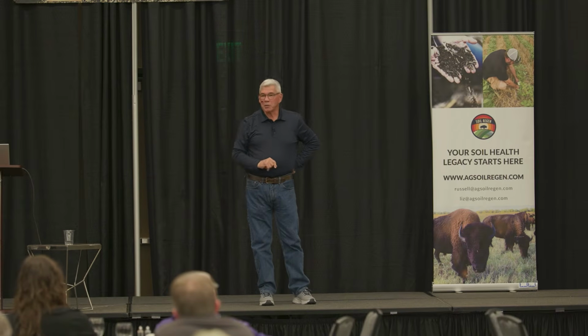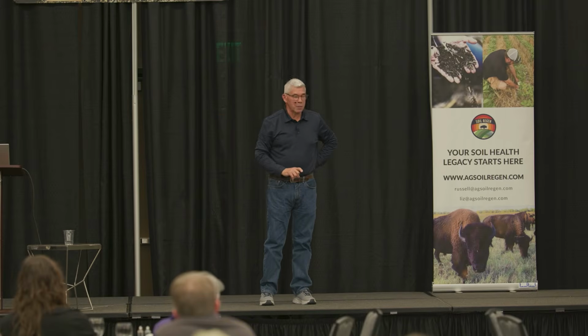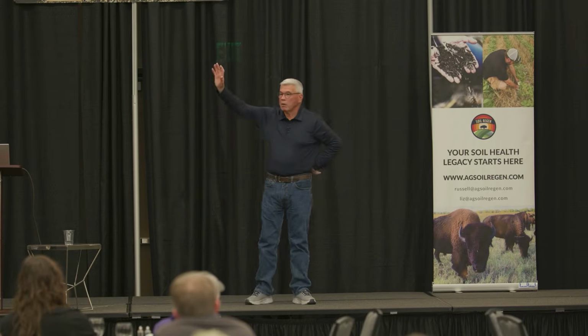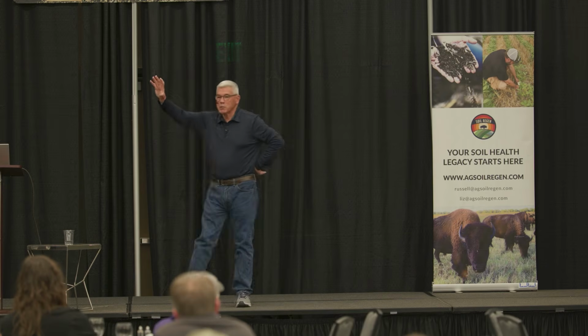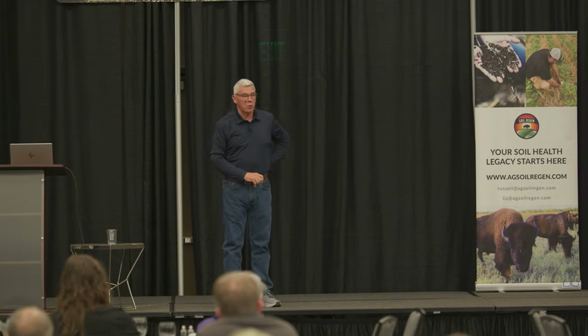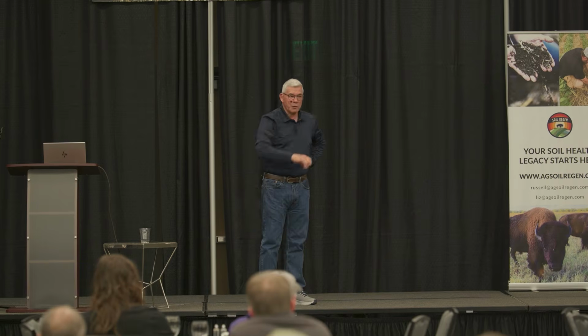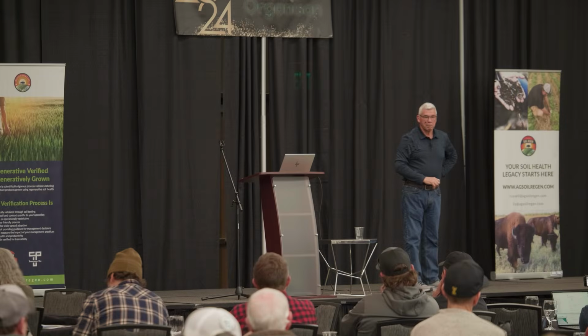And if we really begin to look at this seriously, it's not a matter of looking at that yield map and saying, oh, this part of the field was 325 bushels of corn, and the other part was 180. My question is, was that 320 bushel yield that you observed the same part of that field year after year?